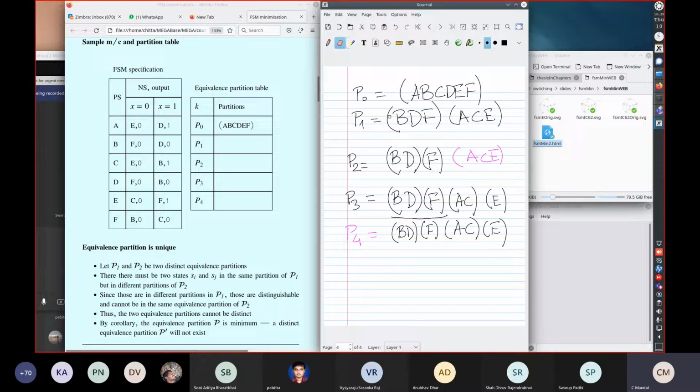So this is how you can minimize this. So this is completely specified.